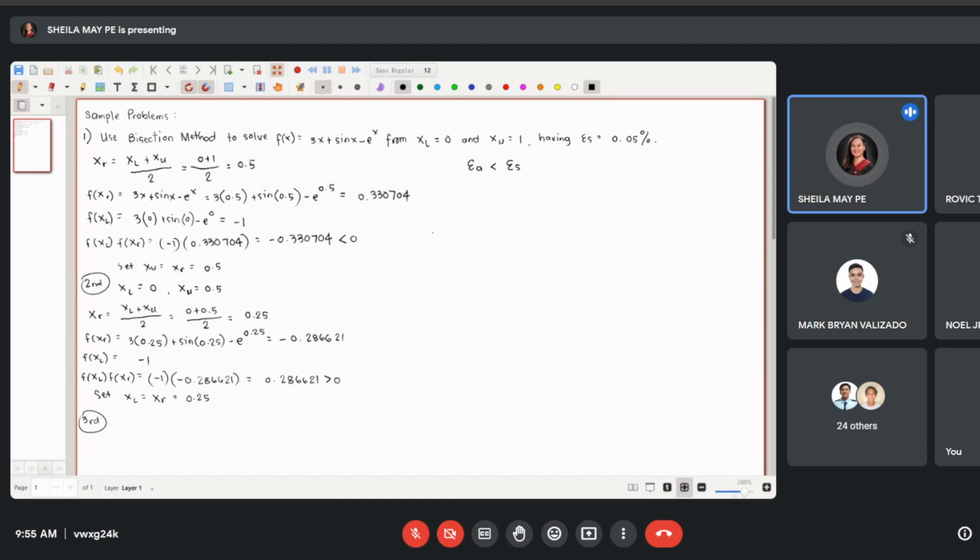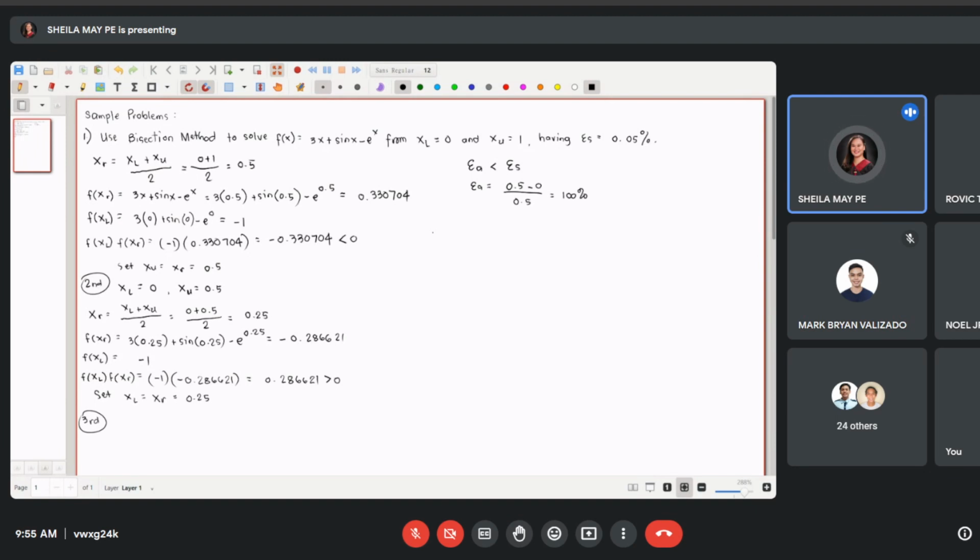So for the first, epsilon a, or the estimated absolute percent error, we have our current x sub r, right? But we don't have our previous one, so its value is still 100%.